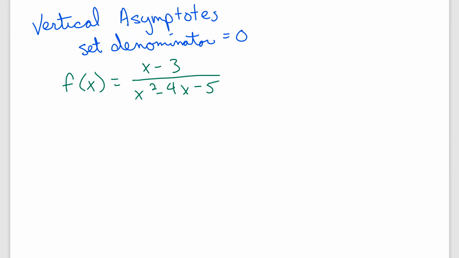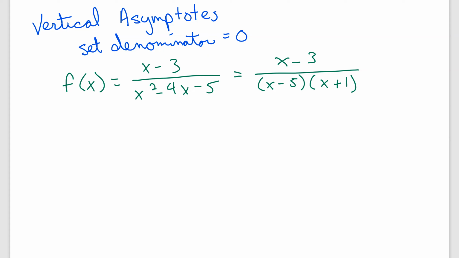I'm going to factor it. My numerator is going to stay the same, and I will factor this denominator. It will become x minus 5 times x plus 1.